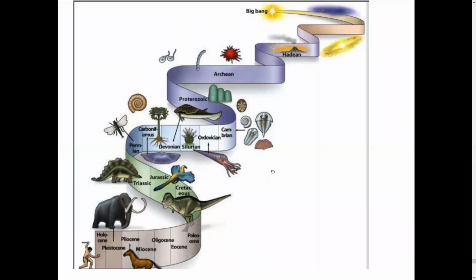Now, it basically means since 4.5 billion years ago, the Earth has been changing, right? The Earth has been changing. New organisms have been introduced, so and so up to such a time that we have humans here. There are some organisms that existed at one point in time, but they are no longer found.